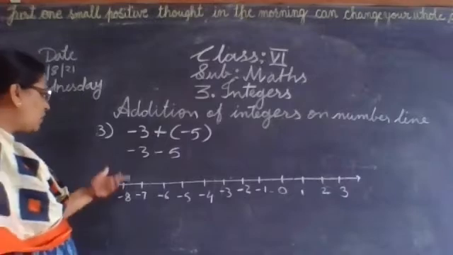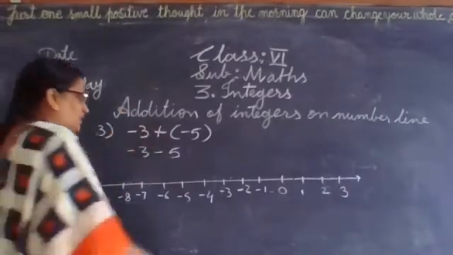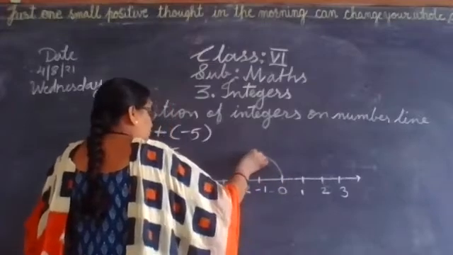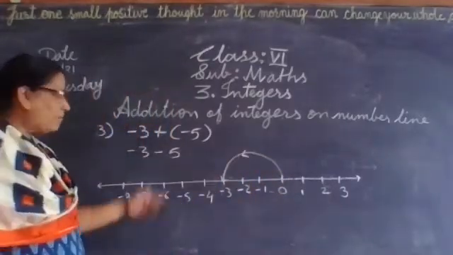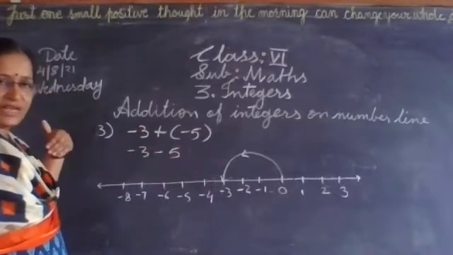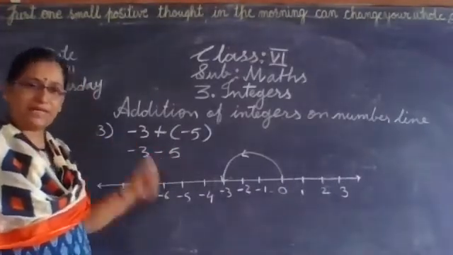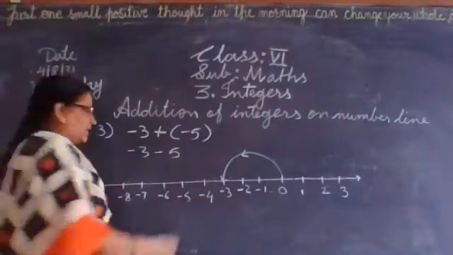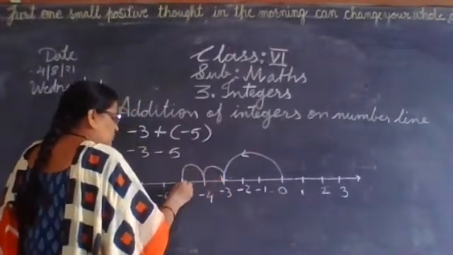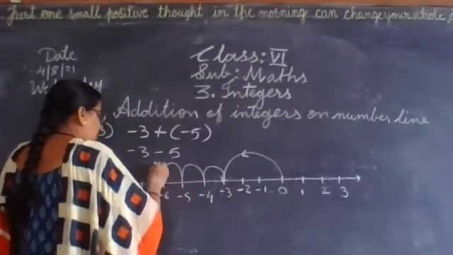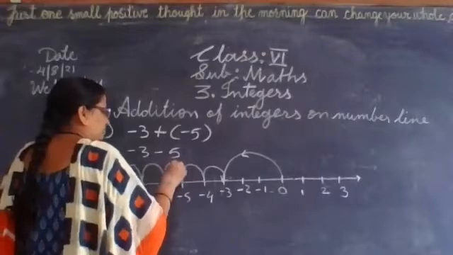Okay. Now -3. So first we go from 0 to -3. Move from 0 to -3 like this. Okay. -5, that means left side. So you have to jump left side. How many places? 5 places from the -3. 1, 2, 3, 4, and 5. See beta.